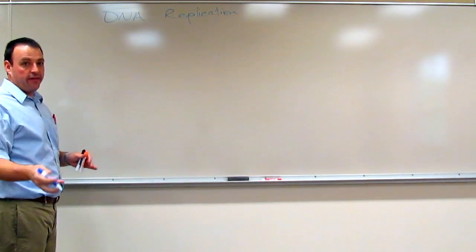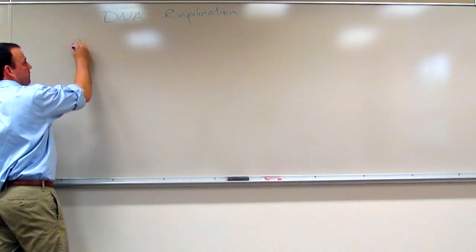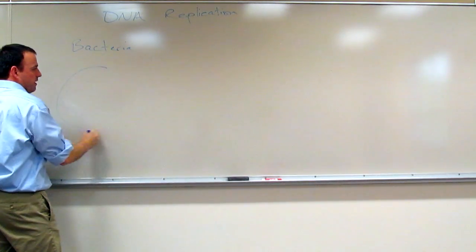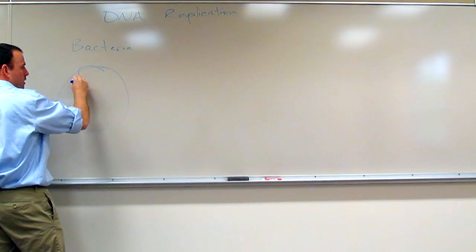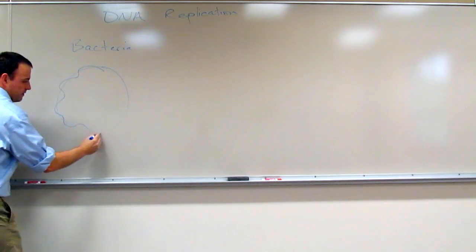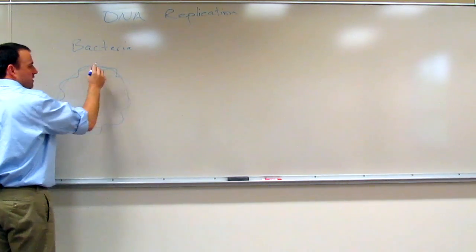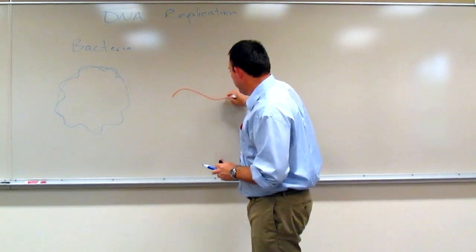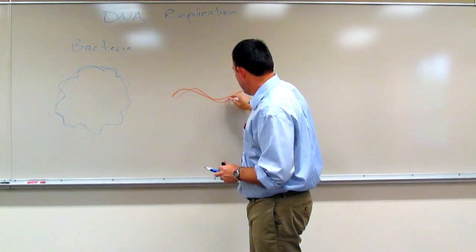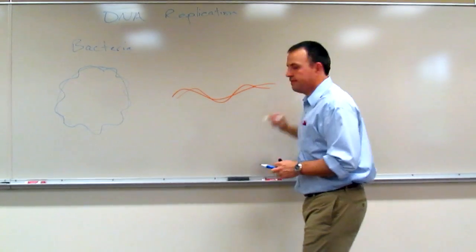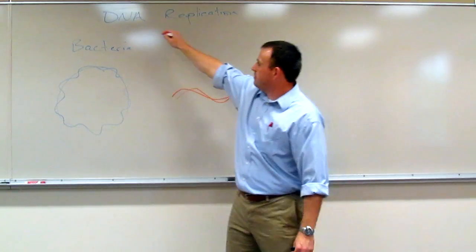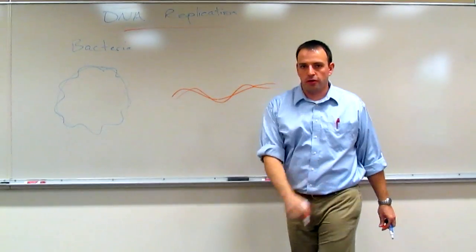To replicate either linear or circular chromosomes, say if you have a bacteria, you have a double-stranded piece of DNA. That's a circular chromosome. It's double-stranded DNA, no different than the linear chromosomes in eukaryotes, complex animals. The first thing you need to undergo DNA replication is to open the DNA up.